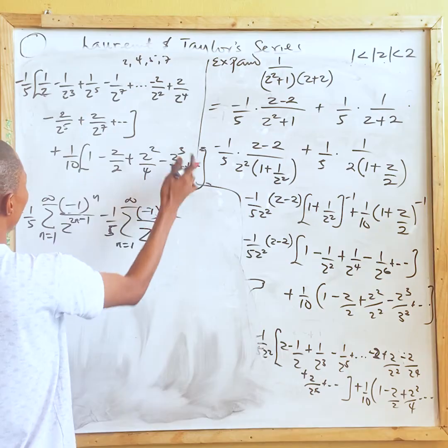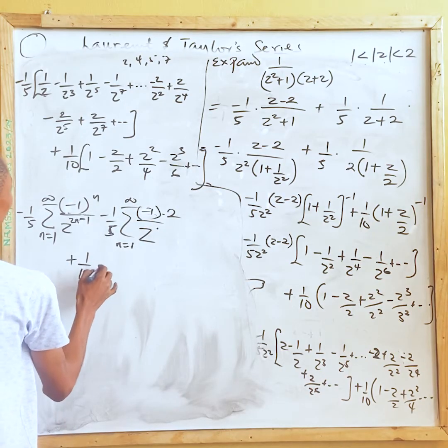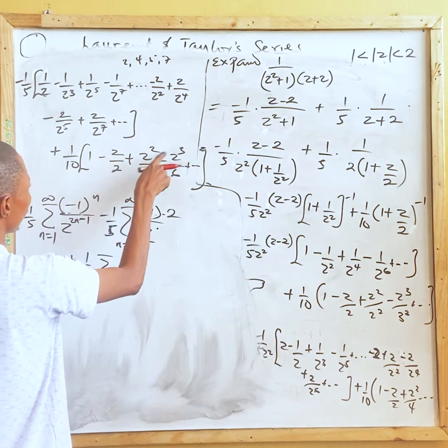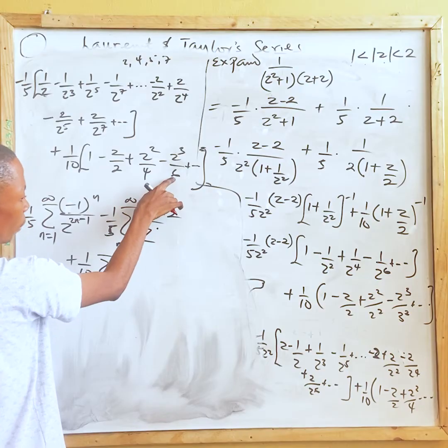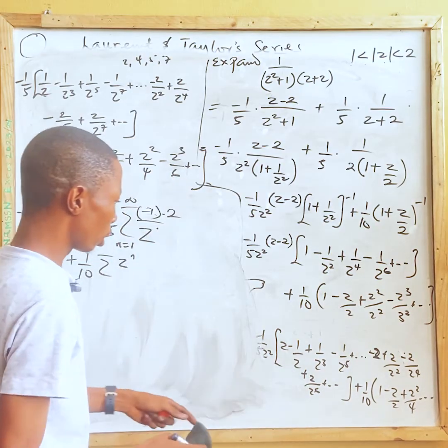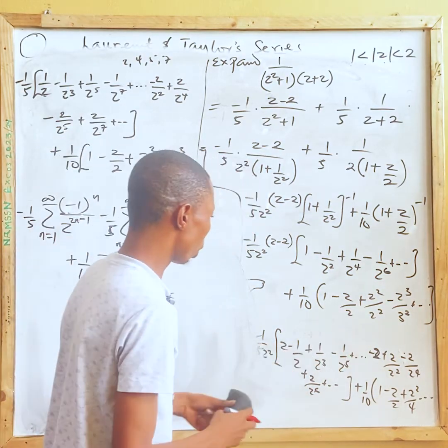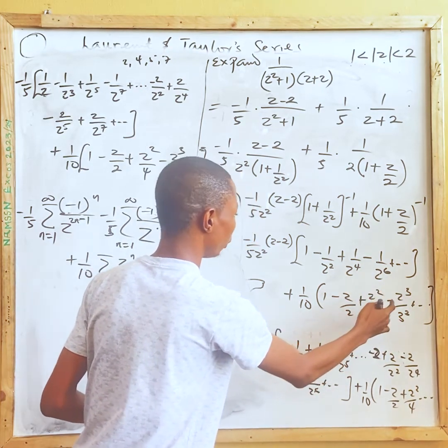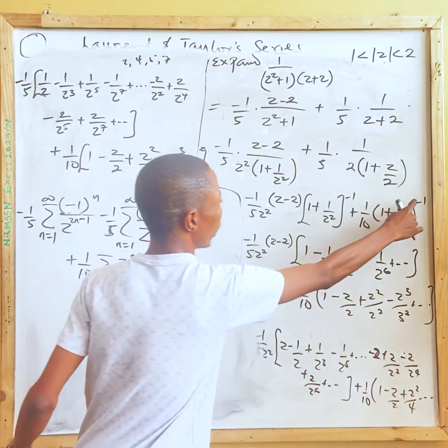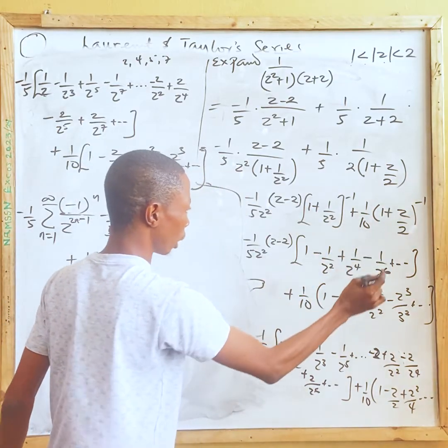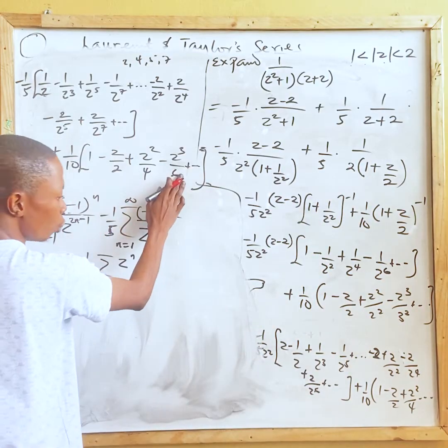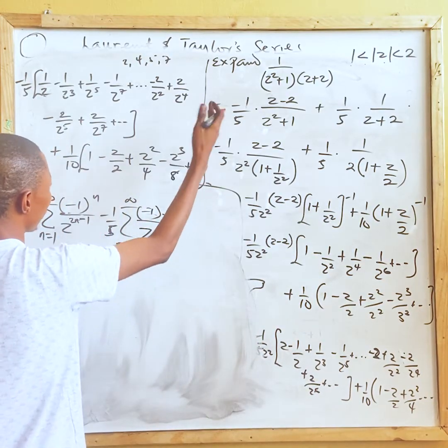So that's the co-analytic part. The analytic part now, we're having plus 1 over 10 summation, 1, z squared, z raised to power 3. This will be z raised to power n over 2, 4, 6. Sorry, it is z over 2, raised to power n. That's 2 squared, which is 4, then 2 raised to power 3, that's 8.